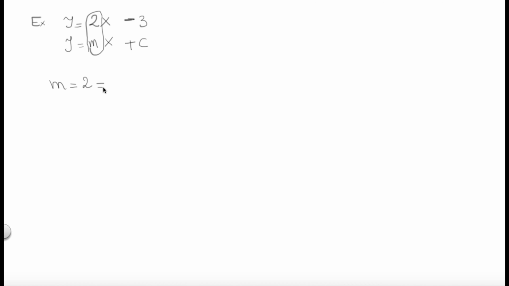Or actually it could be 2 over 1, because 2 is the rise, 1 is the run. And of course we know that the y-intercept is equal to c. So if we see c here, we could say that the y-intercept is equal to minus 3.